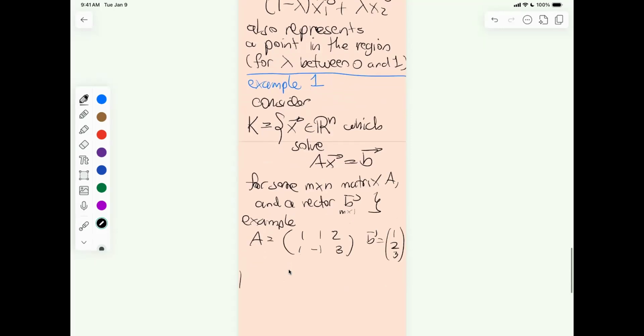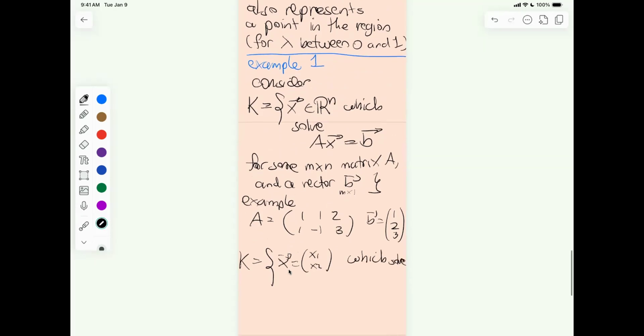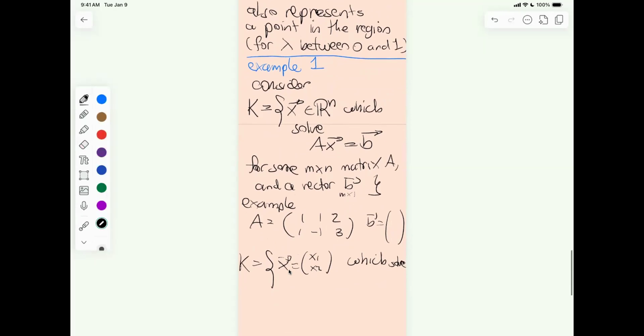So K would be the vectors x1, x2, which solve the system of equations. Oh, this actually requires, oh my God, I messed up the numbers. So x is the one that requires 3 variables.